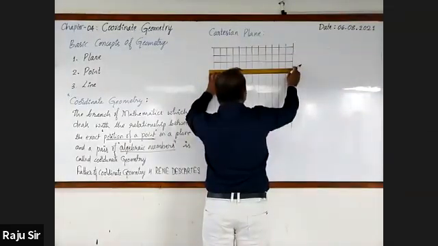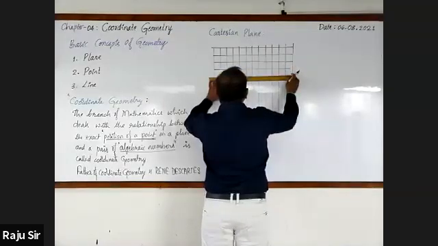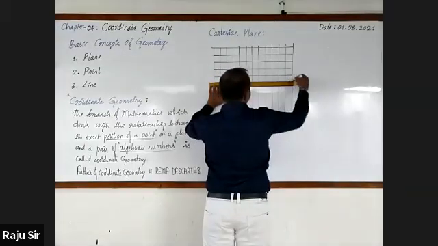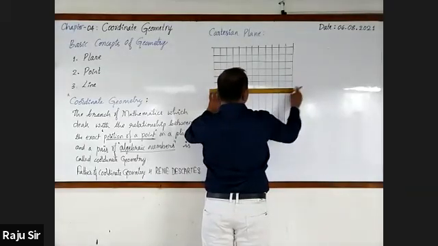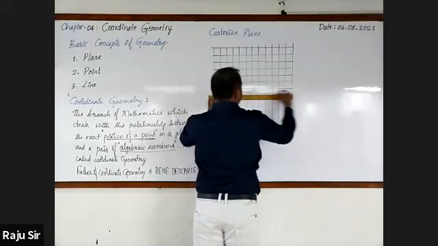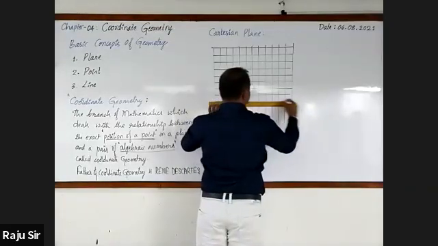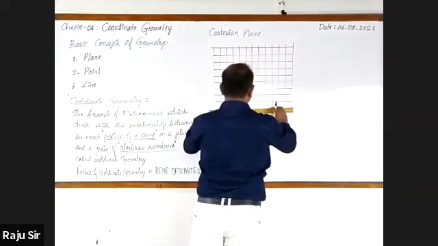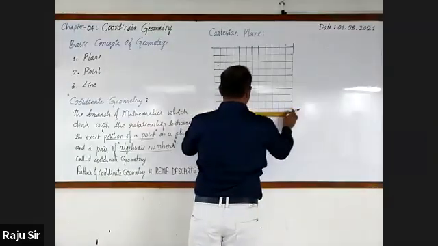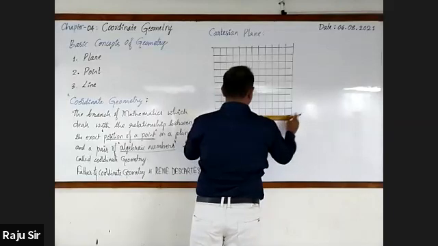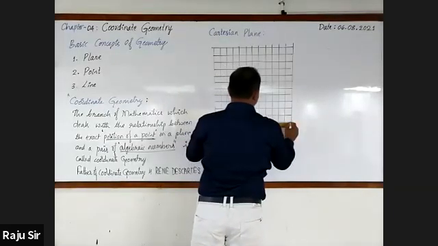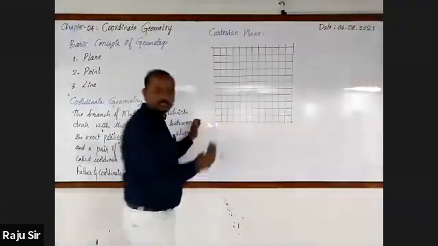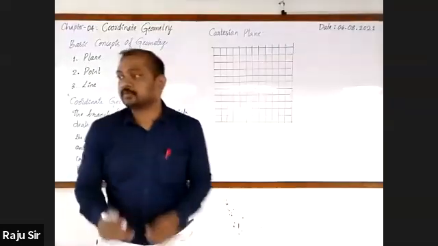Fourth line, fifth, sixth, seventh, eighth line, ninth, 10th, 11th, 12th. This is the Cartesian plane. Good.